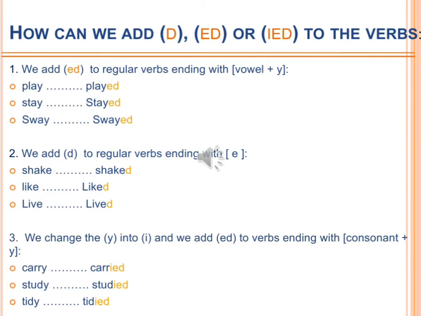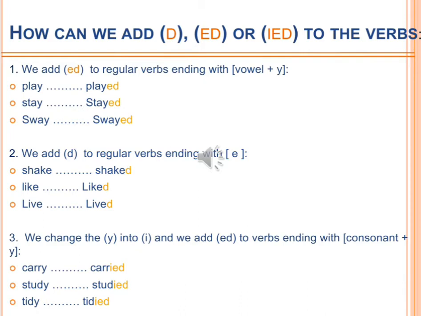How can we add d, ed, or ied to the verbs? 1. We add ed to regular verbs ending with a vowel plus y: play, played; stay, stayed; sway, swayed. 2.